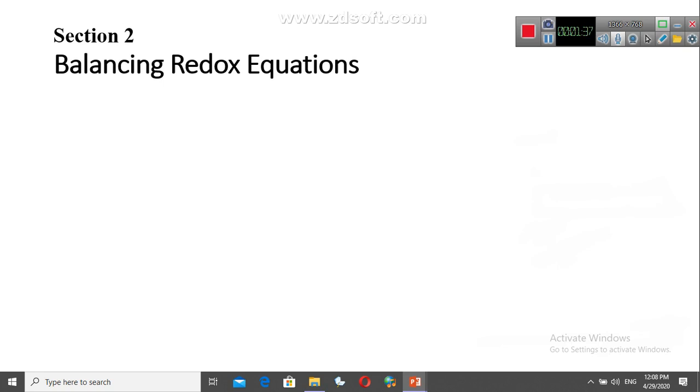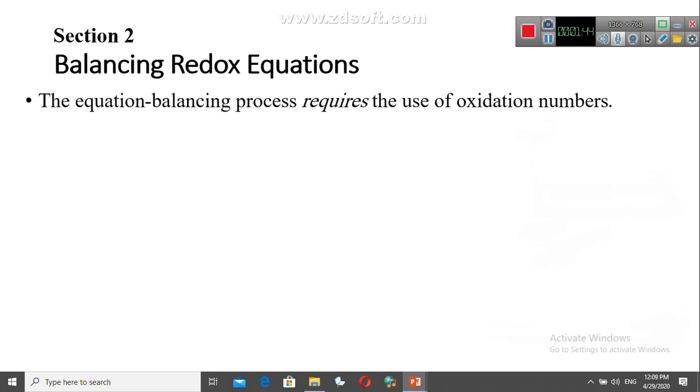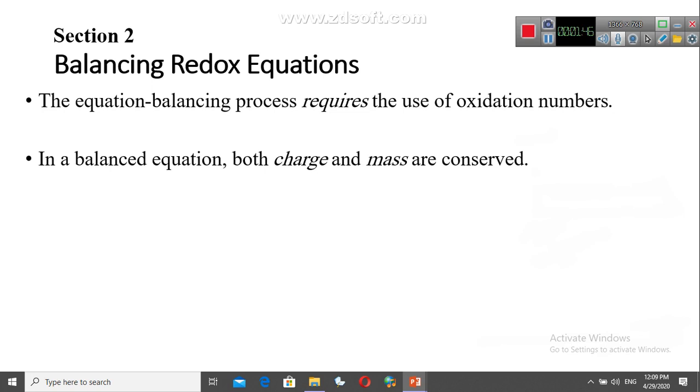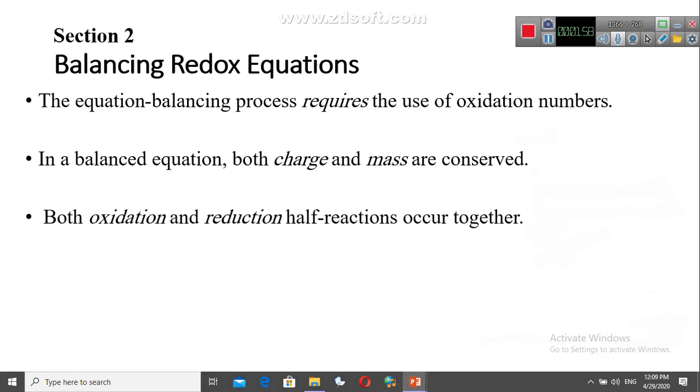The half reaction equations are balanced separately and then combined to give the balanced redox reaction equation.